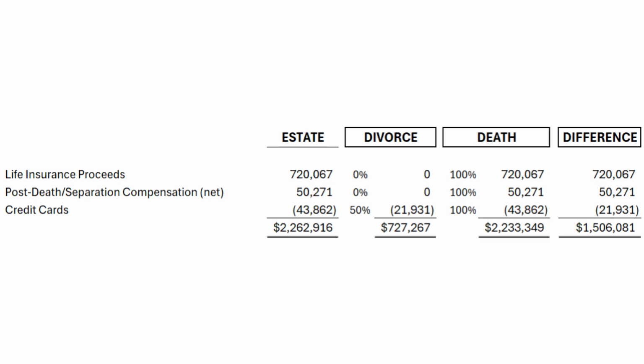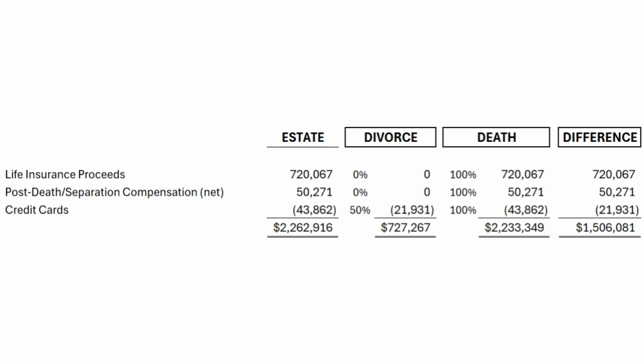So in this case, again, we're only looking at the portion of the life insurance that was designated by the victim for his wife. She gets the full 100% of it, which is $720,067. That's correct. So the difference is that amount. That's right, because there's nothing payable upon divorce.